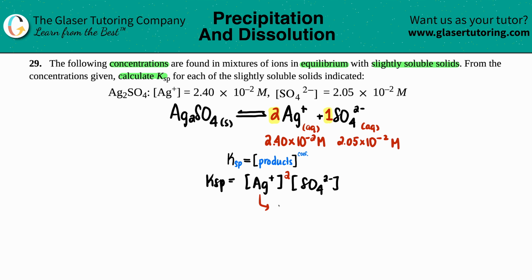The Ag plus concentration is the 2.40 times 10 to the negative second, and the sulfate ion is 2.05 times 10 to the negative second. So we're just going to plug them in.